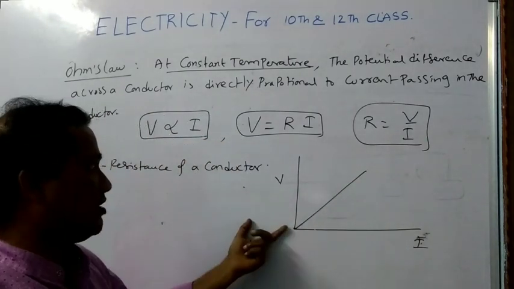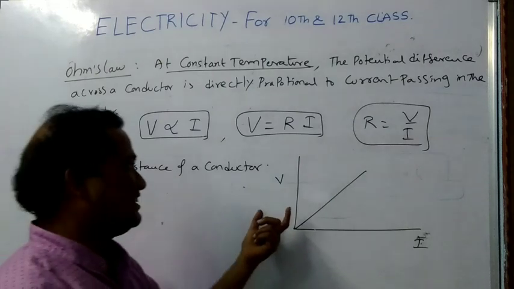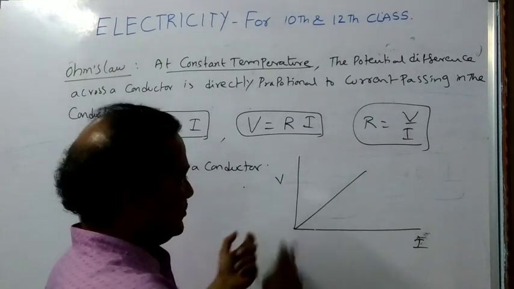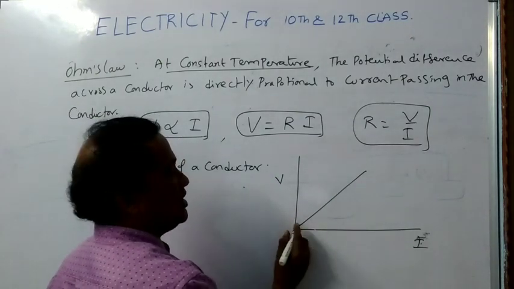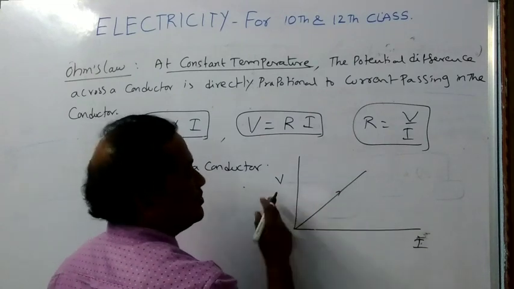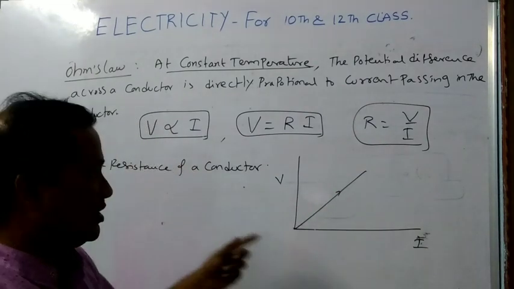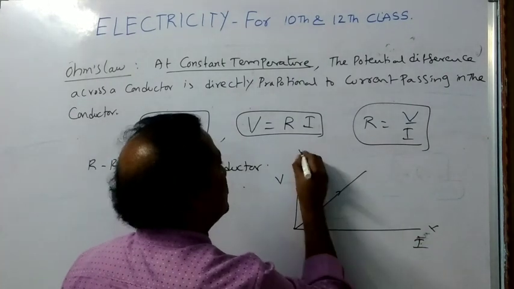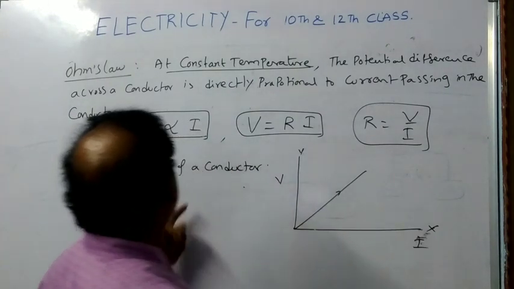This is called the ohmic device graph. Potential and current, both being directly proportional, give a straight line passing through the origin. This is the graph between V and I. This is on the x-axis, this is on the y-axis.